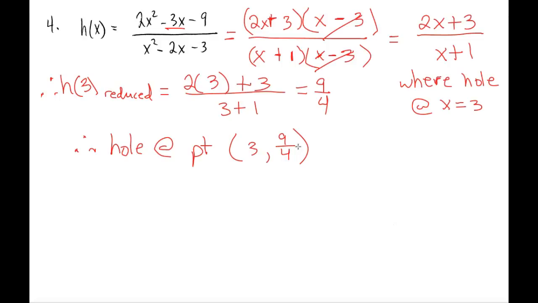So now that we know we have a hole here, we're going to be looking at this form of the rational function for all the other questions that we need to ask about it, or trying to figure out the other properties about it.